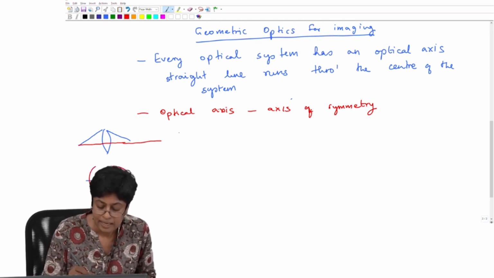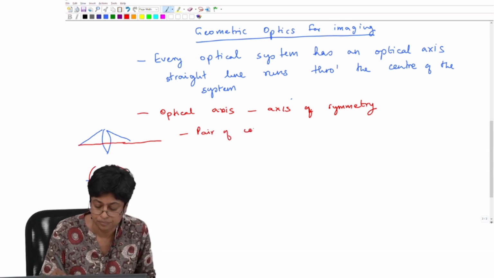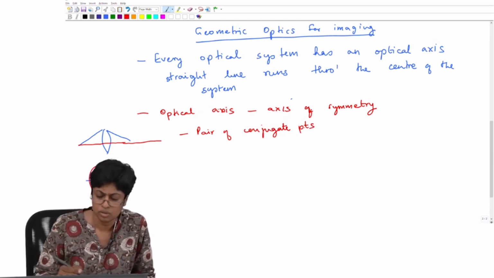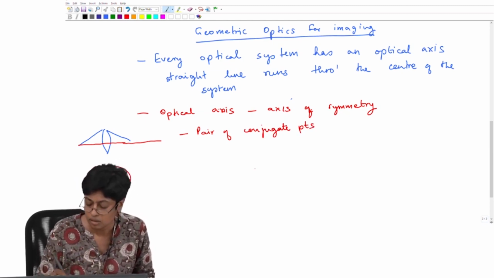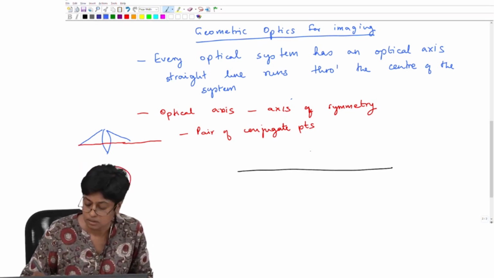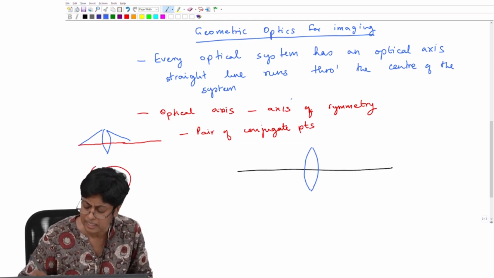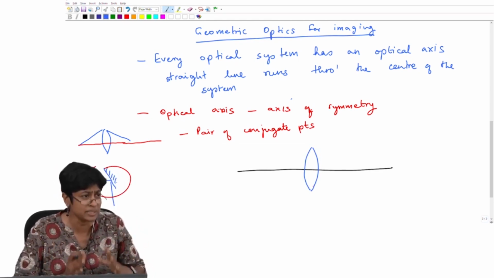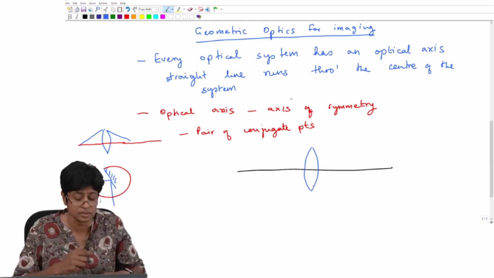Okay. Any optical system has a pair of conjugate points. So, if I think of the optical axis, this is my optical system. I'm drawing a lens. That lens is representative of an optical system. It does not have to be a single lens, could be a number of lenses.